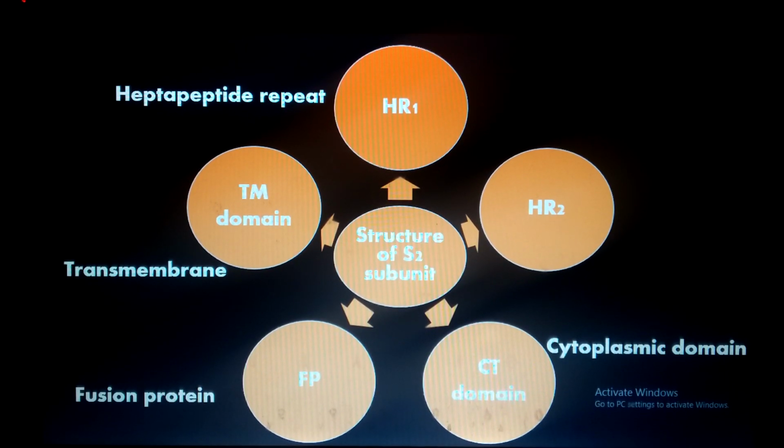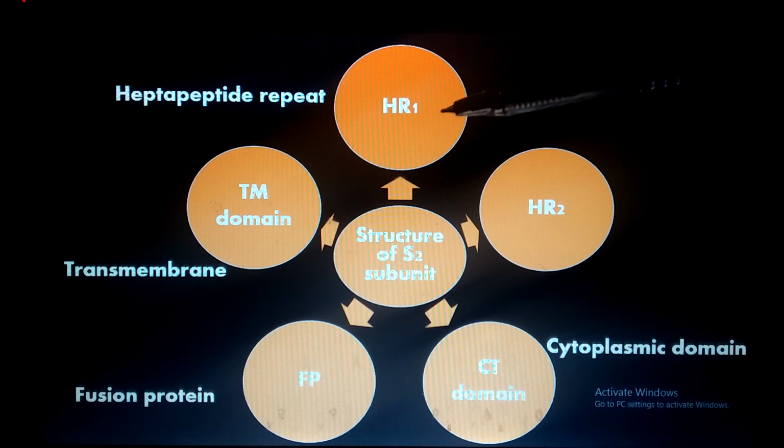Now, the S2 subunit. S2 subunit consists of, number 1, the TM domain, meaning transmembrane domain. Number 2, heptapeptide repeats, HR1. Heptapeptide repeats are present in 2 forms, HR1 and HR2.